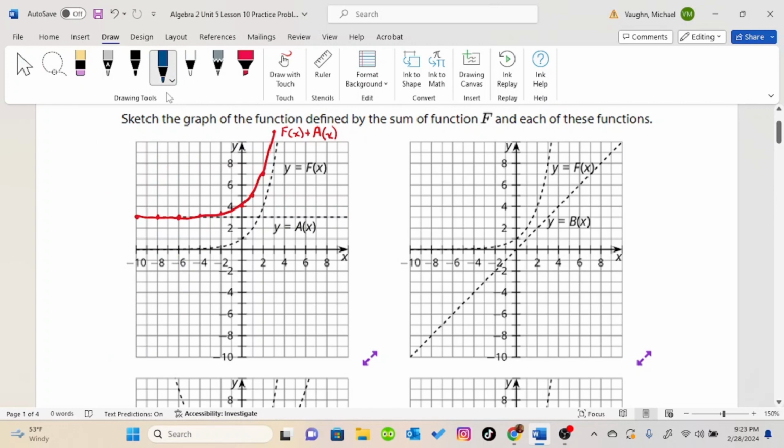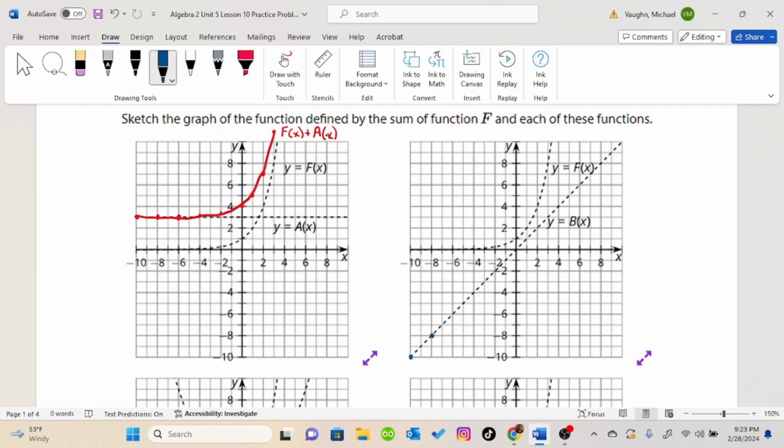Now we'll look at the top right example. Again, we're adding these functions together. So we have negative 10 plus 0 equals negative 10. Negative 8 plus 0 equals negative 8.